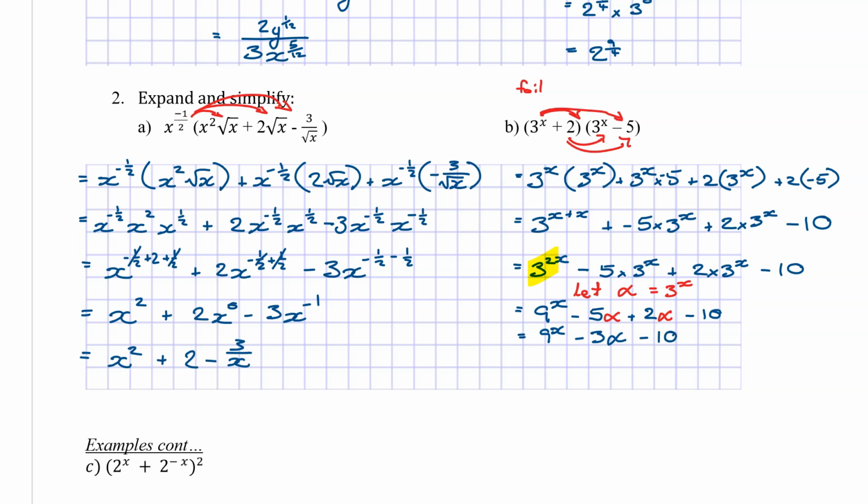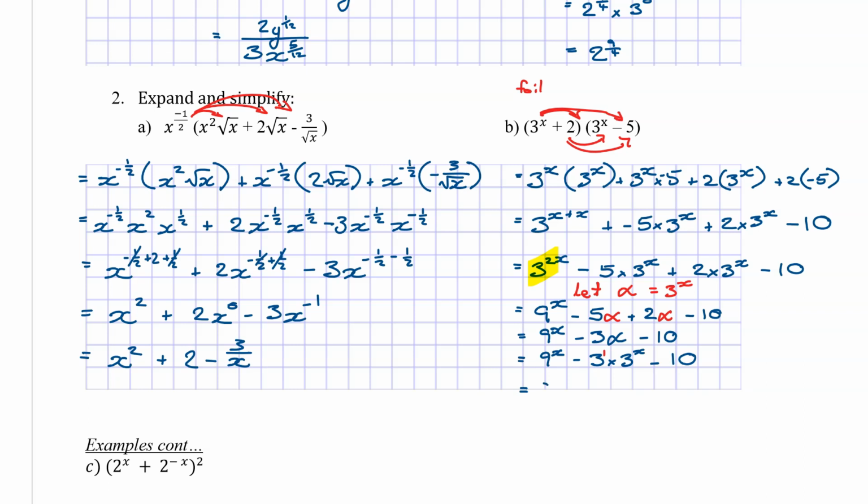And then recalling what alpha actually is, we can write it as 9 to the x minus 3 times 3 to the x minus 10, like so. And one more thing we can remember is there's an implied 1 in that 3 there.